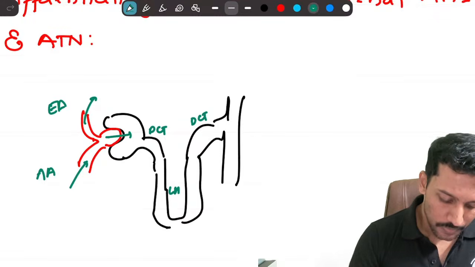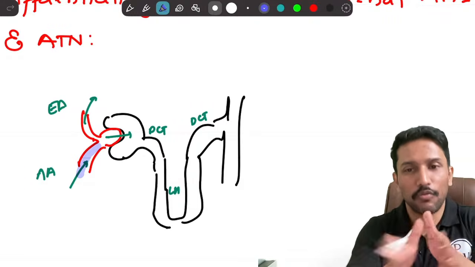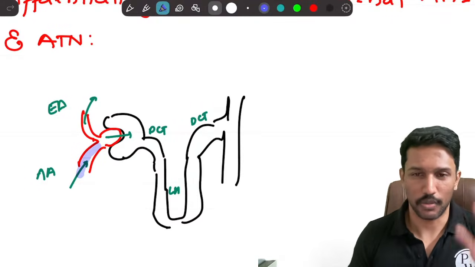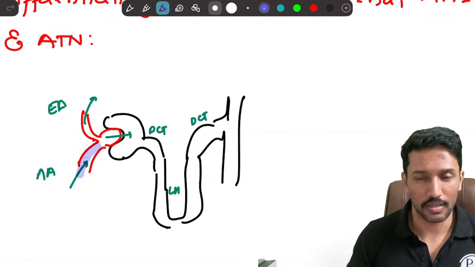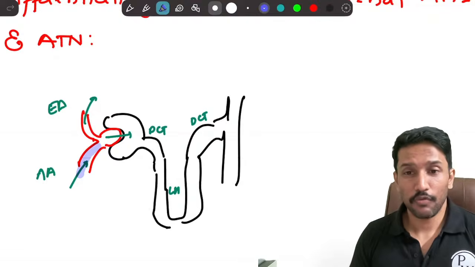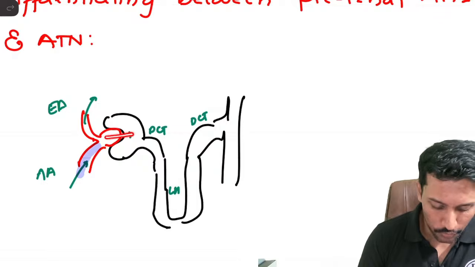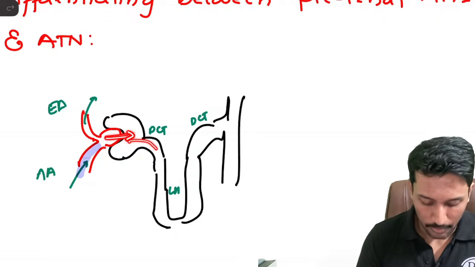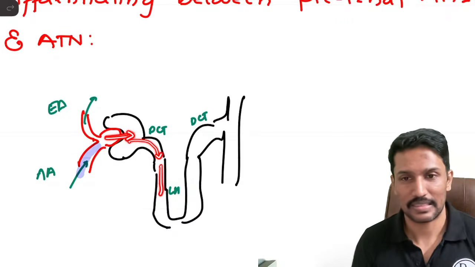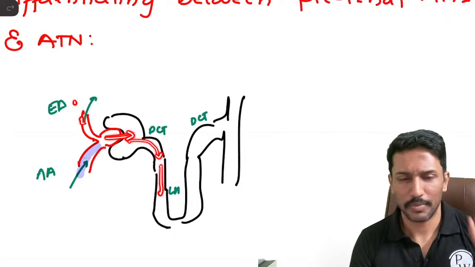So when you say prerenal AKI, we know that the afferent arteriole blood flow is reduced for whatever reason, because of renal artery stenosis, hypovolemia, loss of renal autoregulation, whatever. Now, if the blood flow reduces, we are not able to counter it. So the amount of filtration is reduced. So the amount of blood filtered will be less. So because of that, you will have high creatinine, high urea, and other manifestations.